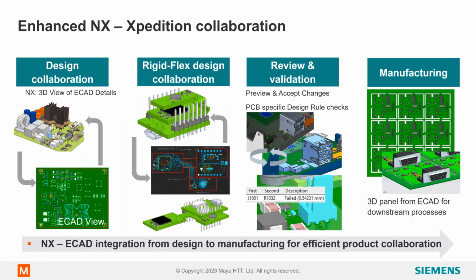I won't hit on this in too much detail, but I just want to point out for anyone interested, Siemens has a full suite of capabilities for connecting your electronic CAD to your mechanical CAD all through the design process, from collaboration upfront during the design, having that rigid flex design collaboration, being able to do review and validation, previewing and accepting changes, and then putting it down into the manufacturing phase where you can still look at the CAD and everybody's basically on the same page.